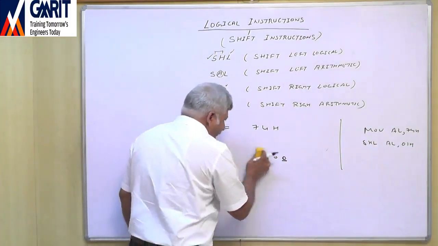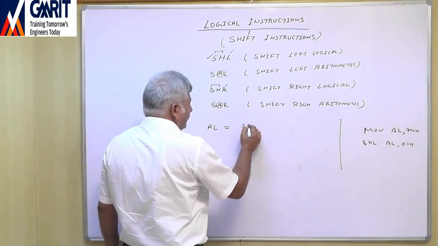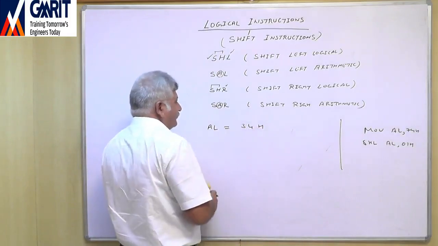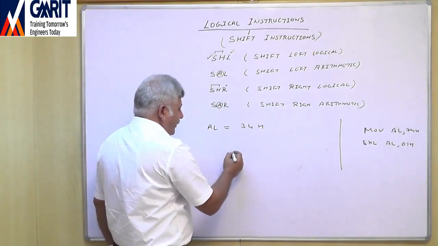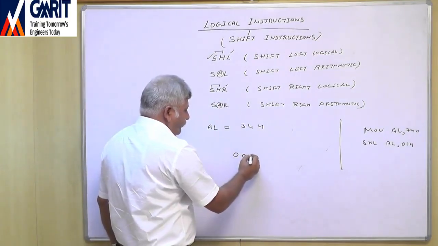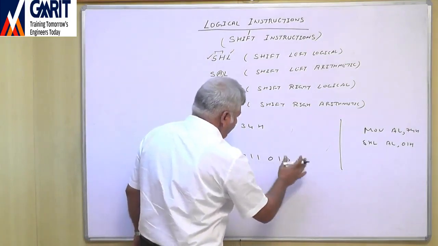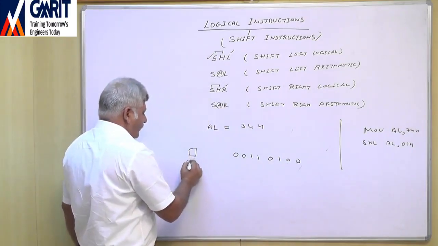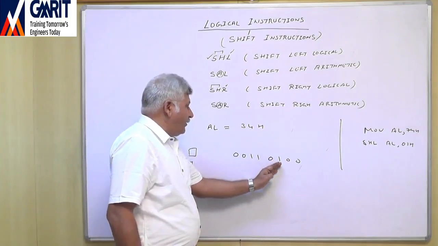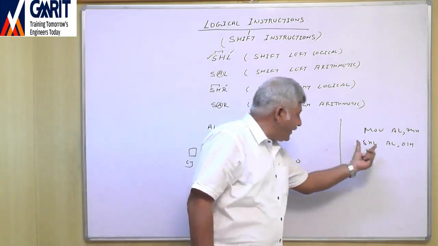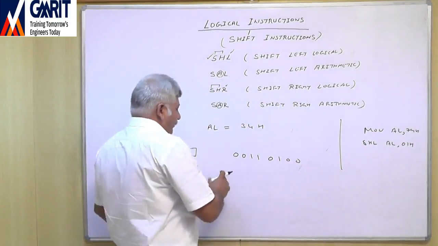We will take another example. Suppose we take a value 34H. Now 34 we write in binary. 3 means 8, 4, 2, 1. This is 3 and this is 4, with 8, 4, 2, 1. This is an 8-bit number. And this is our carry flag. So now when we shift this number by using the SHL instruction, shift left logical, what will happen?